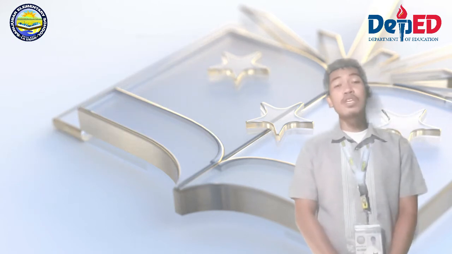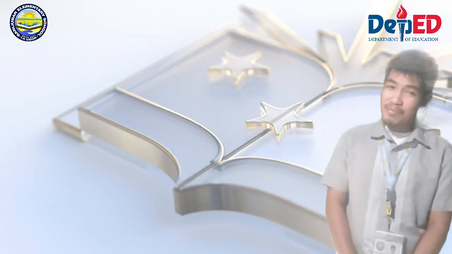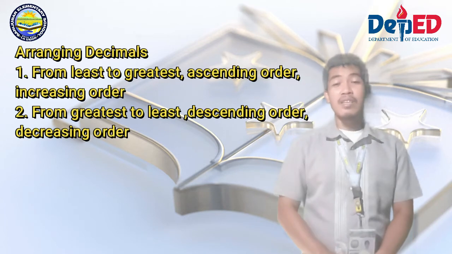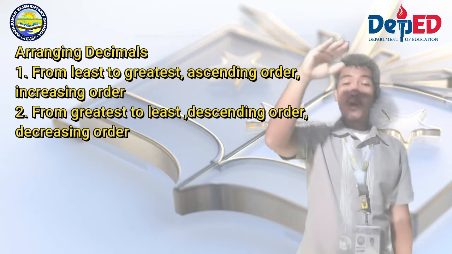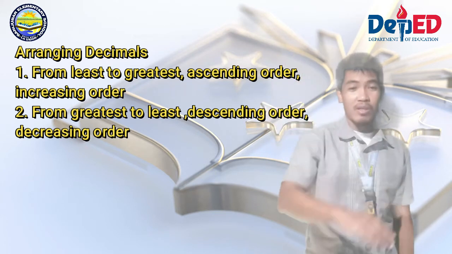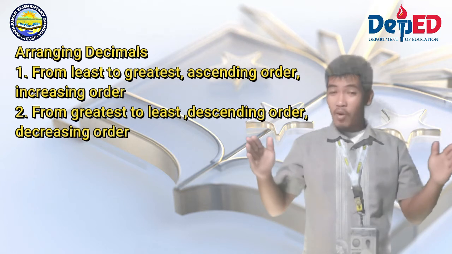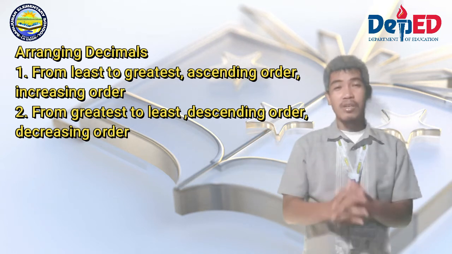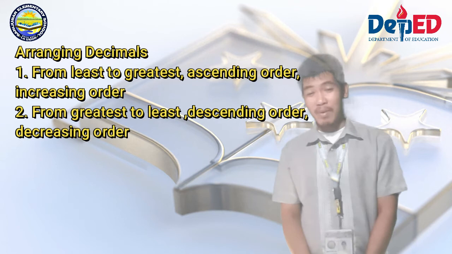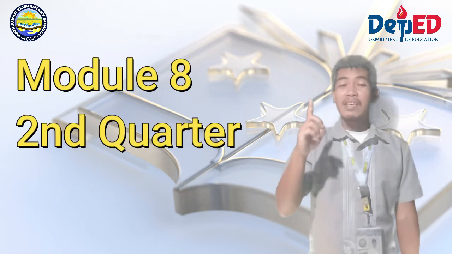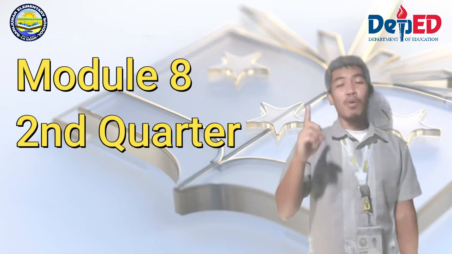And how do we arrange decimal numbers? We can arrange them in ascending or descending order, in increasing or decreasing order. Pataas o kaya'y pababa. Kids, those are what we need to remember in this module.